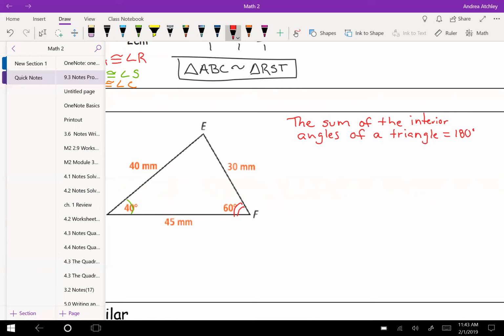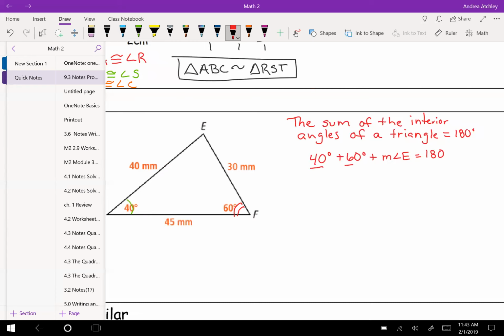So in this case, we'd say 40 degrees plus 60 degrees plus the measure of angle E should equal 180. So this is how I can find the measure of angle E.